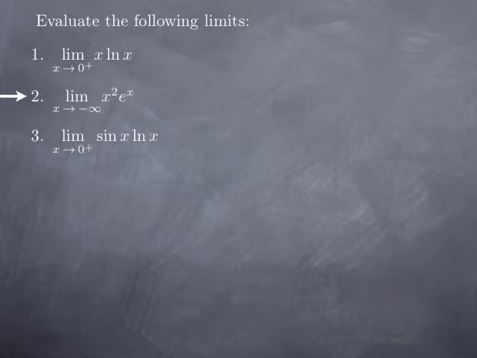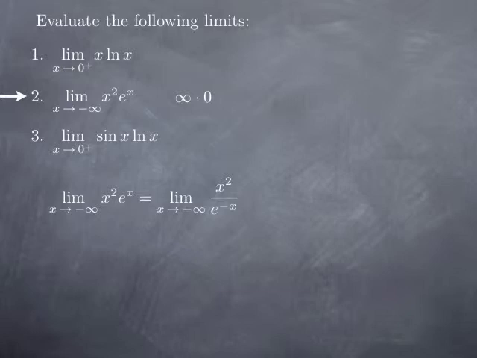In the second example, we're looking at the limit at negative infinity of x squared multiplied by e to the x. x squared goes to positive infinity, and if x goes to negative infinity, e to the x goes to 0. So we have an indeterminate form of the type infinity times 0. Again, we're going to rewrite that as a quotient in order to be able to apply the rule of de L'Hopital.